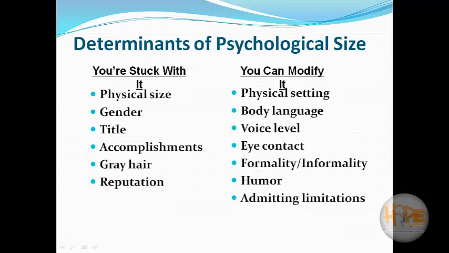You are stuck with some, like physical size, gender, title, accomplishments, gray hair and reputation. You can modify others, like physical setting, body language, voice level, eye contact, formality or informality, humor and admitting limitations.